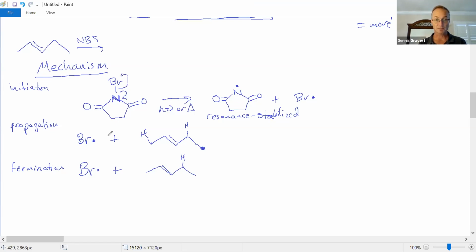Use your fish hook arrows. What's going to happen is this covalent bond connecting the hydrogen and the carbon splits. One electron pairs up with the bromine's electron to make a bond. The other electron of this covalent bond just does a U-turn, circles back onto carbon. The H and the Br form HBr.